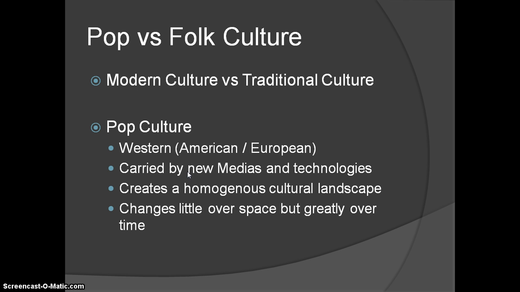One of the identification markers of pop culture is that it creates a homogeneous cultural landscape across a large area, meaning that a lot of people are participating in almost the exact same culture, have the exact same set of values and ways of doing things, and way of treating the landscape and things along those lines.